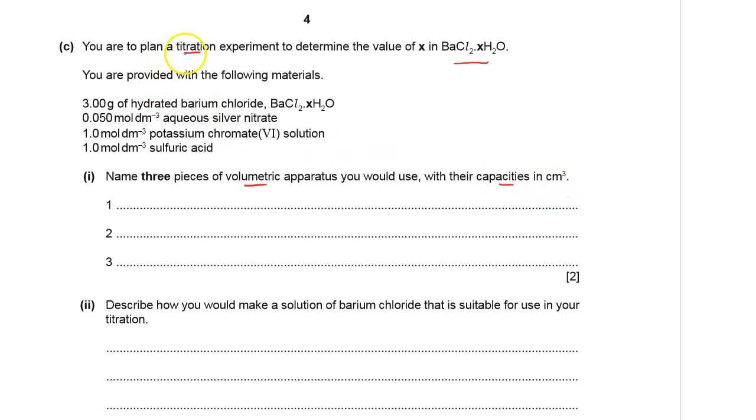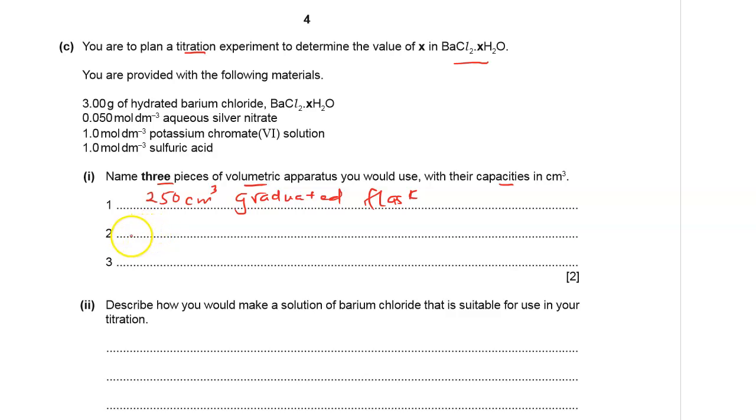You are supposed to plan a titration, so now you need the 3 pieces of volumetric apparatus. I'll go for a 250 centimeters cubed graduated flask. Okay.